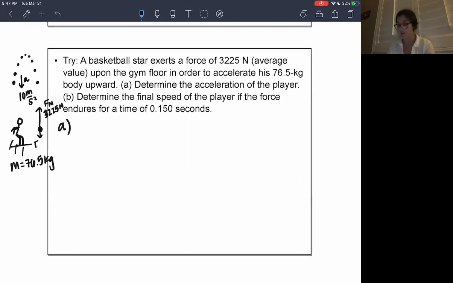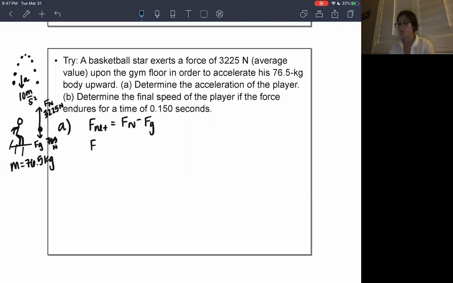Now, since he's on Earth, he's experiencing a force of gravity. And I can figure out that force of gravity by taking his mass and multiplying it by 10. So 76.5 times 10 is going to get me a force of gravity of 765 newtons. So now that I have a force diagram, I can figure out what my net force is. My net force is going to be the difference between normal and gravity. It's going to be that unbalanced part.